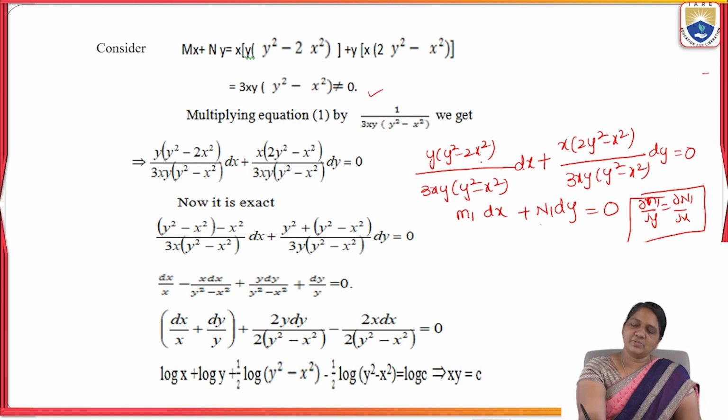So see here, I am simplifying this one. Here we have y will be cancelled and x will be cancelled.